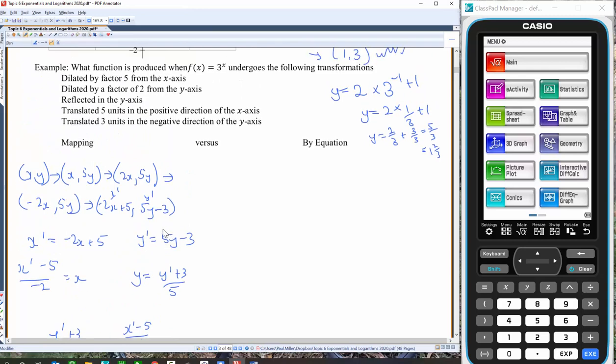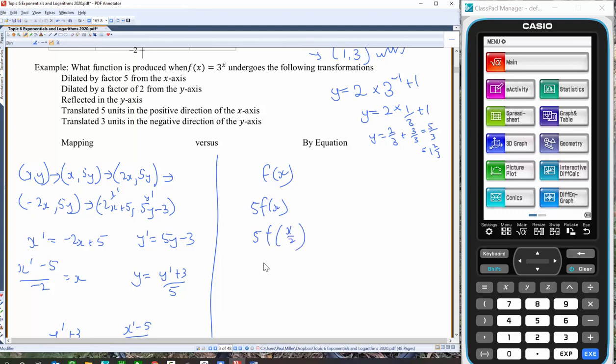Now by equation. I find this harder, and I would go with the by mapping technique in the exam, but let's just see what happens here. Dilated by a factor of 5 from the x-axis. So we're starting with f of x. 5 from the x-axis is 5 f of x. 2 from the y-axis is 5 f of x on 2.